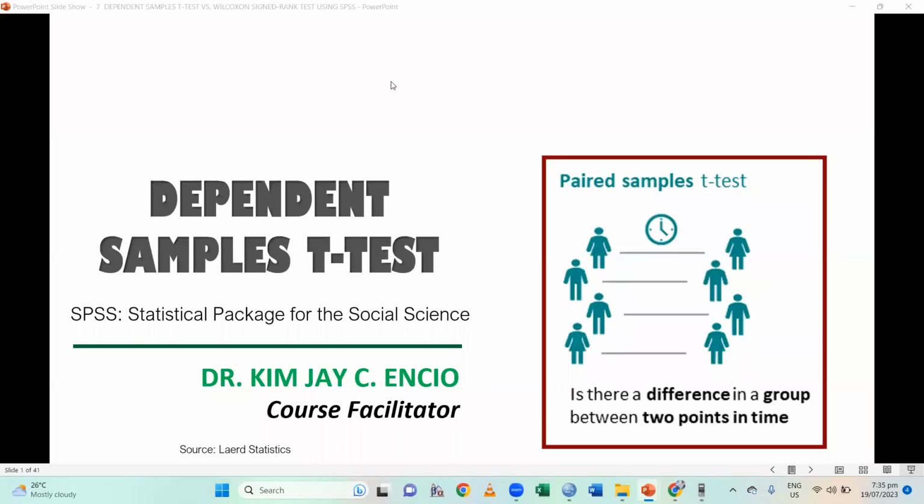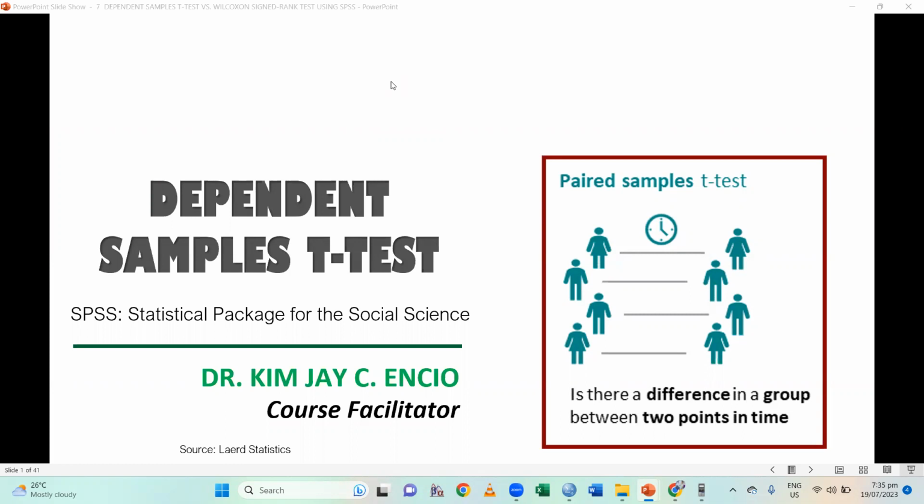All right. So in the previous discussion, I talked about the independent samples t-test, a parametric test that could be used to determine whether there's a significant difference in the means of two independent groups.